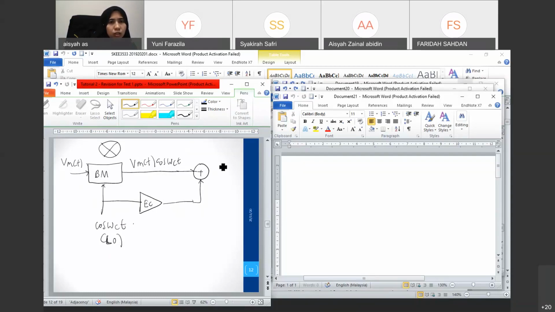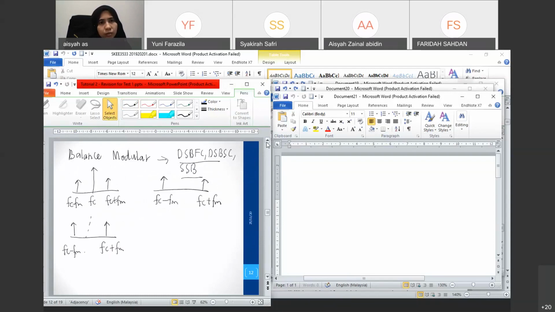So the output here is EC plus VMT cos omega CT. So this is the formula of DSBFC. Okay, this is the basic one that you need to understand.